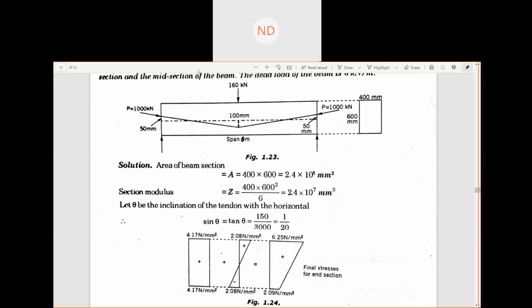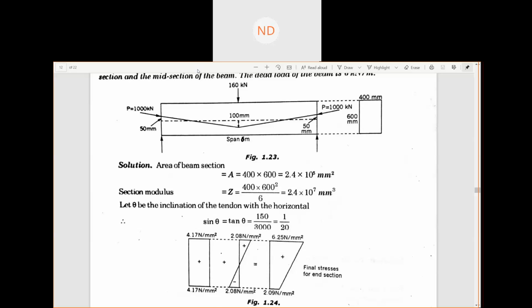Now if we have to check the stresses at the mid span, what are you going to do? Can you calculate the stresses at the midspan now? Yes, ma'am. We have already calculated the net load.